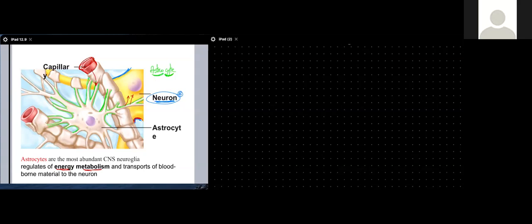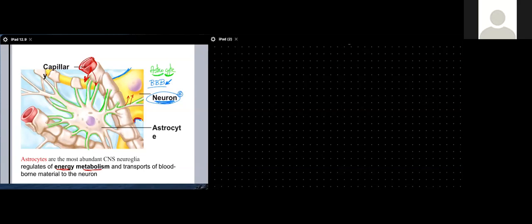Another function for the astrocyte is to prevent any toxins from moving from your blood to your nerve cells. So I am part of what we call the blood-brain barrier, or BBB. So as a CEO of a big company, you might hire some bodyguards. So who's going to be cooking and serving as a bodyguard here for the nerve cells?